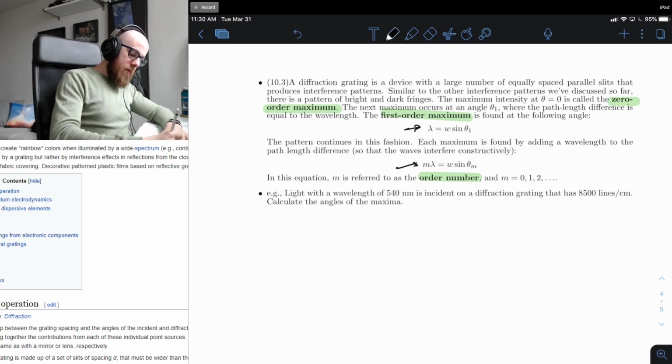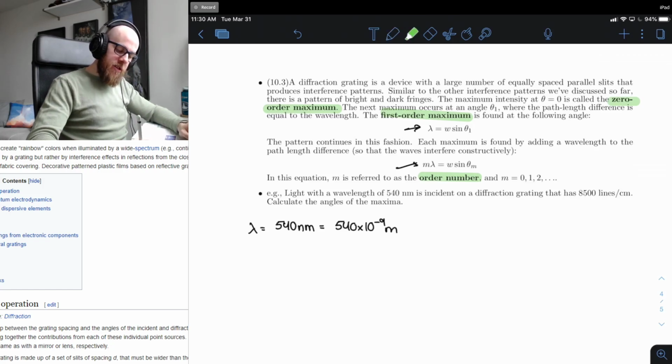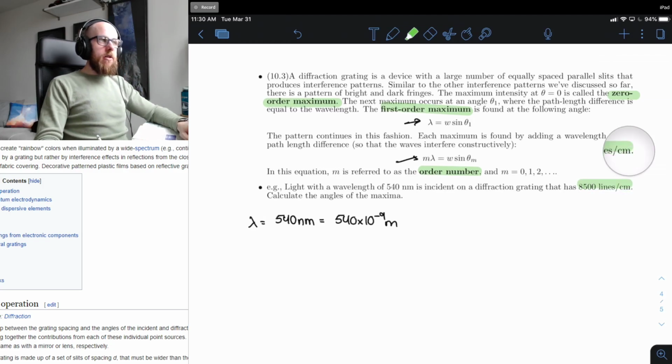Light with a wavelength of 540 nanometers, so 540 times 10 to the negative 9 meters, is incident on a diffraction grating. And now this is a little bit strange, the way that they're describing this. So the diffraction grating has 8,500 lines per centimeter, okay?